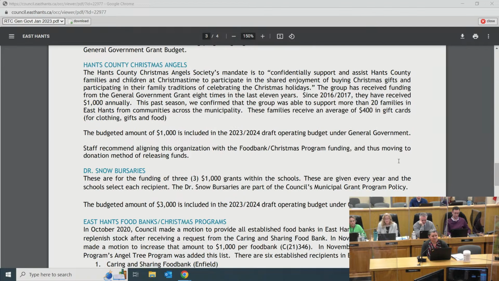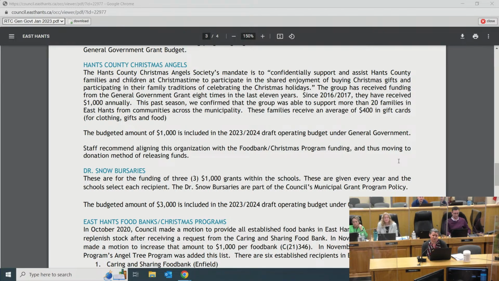Hants County Christmas Angels is not limited to East Hants. They run a program supplying gift cards and things to families across the municipality. We have done another follow-up this year about how many families in East Hants are receiving funding through this group. It's quite generous. They definitely hit between 20 and 25 families to the tune of $400 in gift cards, clothing, gifts, and food each year. And they have been receiving money through this grant program since 2016.